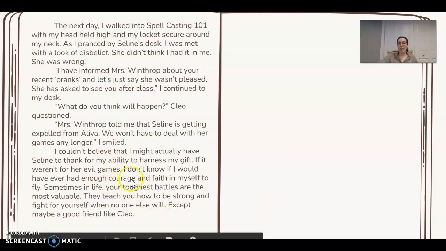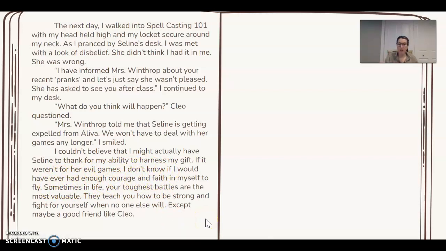I'm referencing what happened in the story to explain how I had courage and faith. I don't know if I would have ever had enough courage and faith in myself to fly if it weren't for Celine. So I'm getting that point across, that is the theme or the heart of my story, without explicitly saying, I learned this lesson, okay?